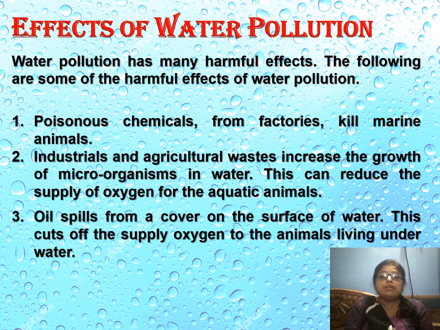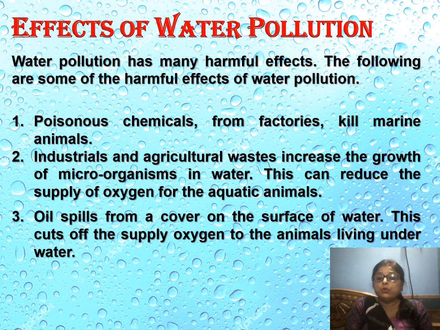Next, industrial and agricultural waste increase the growth of microorganisms in water, and this can reduce the supply of oxygen for the aquatic animals. As you know, aquatic animals are living in the water. When industrial and agricultural waste mixes with the water, they increase the growth of microorganisms.